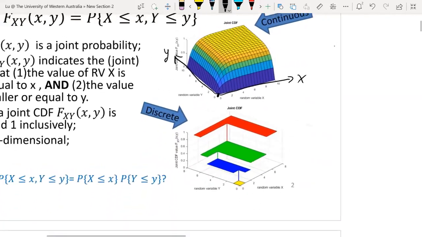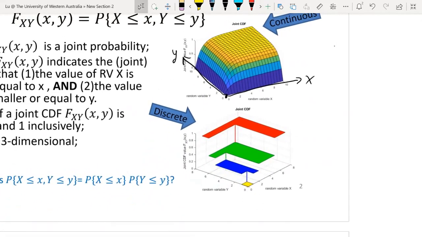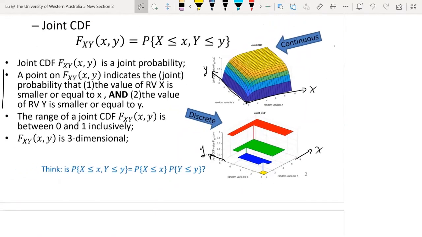For the discrete random variable cases, the joint CDF also holds this property, staying the same or going up, but never going down. When x is going up or y is going up, the steps remain the same or jump to the next higher step, but never go down to the next lower step. Okay, so this is just about the features of the joint CDF function.